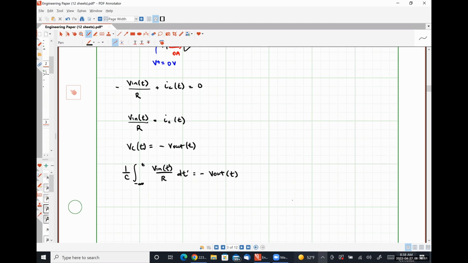And then getting rid of the negative sign on the right-hand side, I get negative 1 over RC times the integral from negative infinity to t of Vn is equal to V out. So that's how I perform integration using an op amp. It's just scaled by a factor of negative 1 over RC. So this is our integrating amplifier.